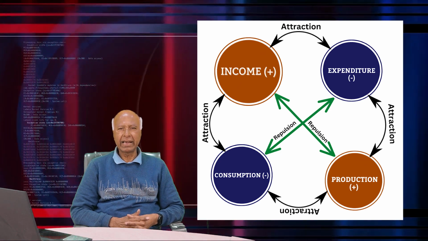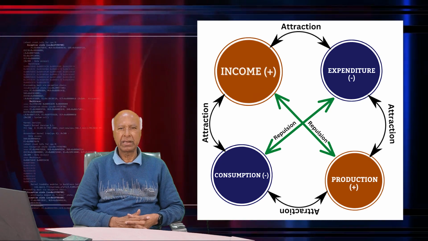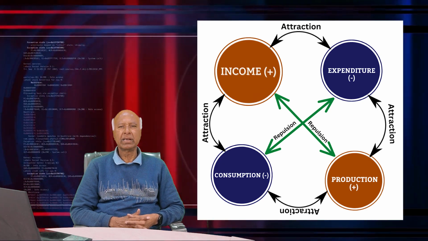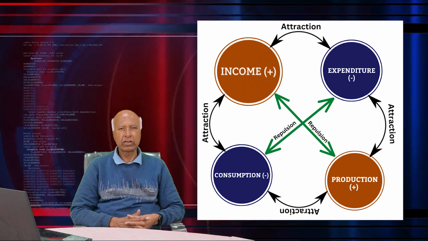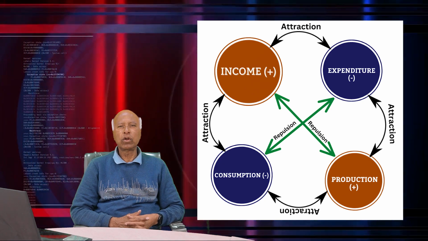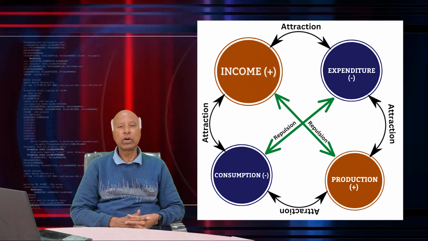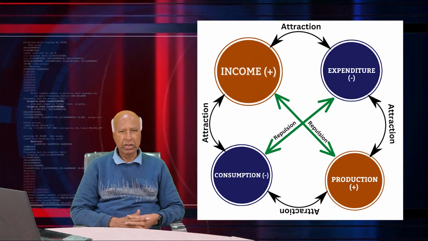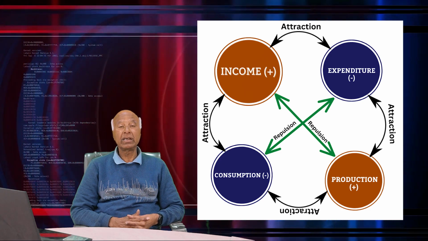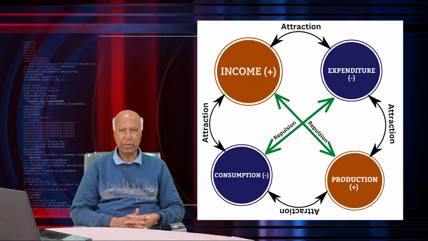It's a dynamic process, because each second, each minute, each hour, the forces of consumption change, the forces of production change. Therefore the opposite monetary value of income also changes accordingly, and the opposite monetary value of expenditure also changes constantly. So it's always a state of dynamic equilibrium.